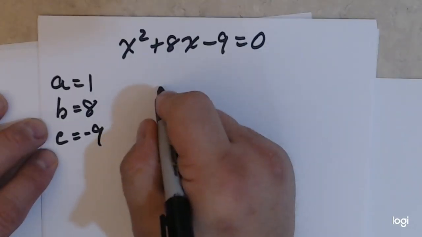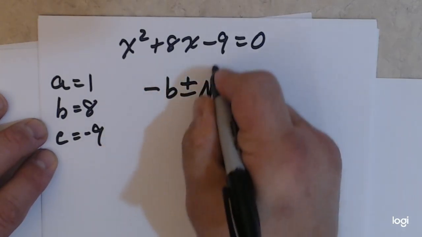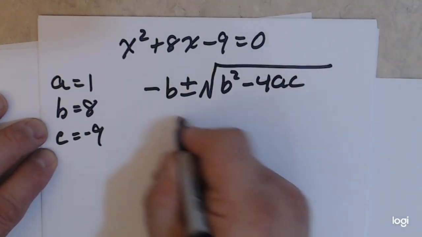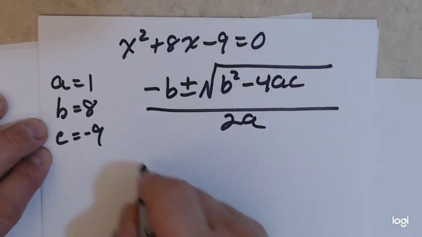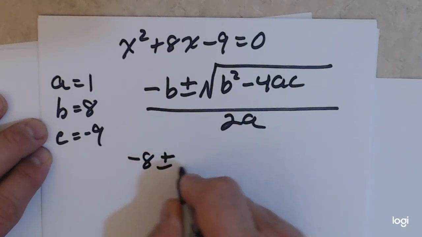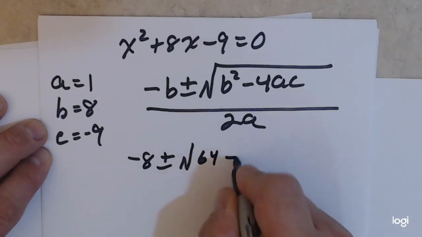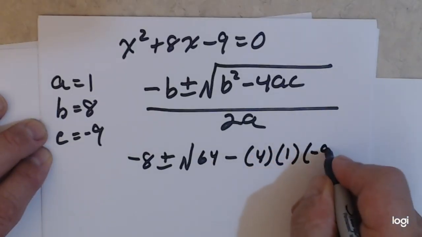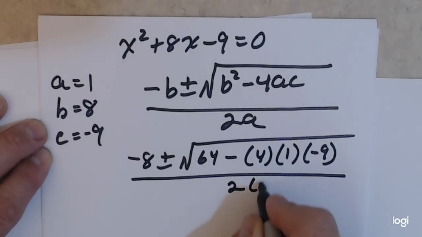Our quadratic formula, which we write out every time, is negative B plus or minus the square root of B squared minus 4AC, all over 2A. And negative B would be negative 8, plus or minus the square root of, well, 8 squared is 64, minus 4 times 1 times negative 9, all over 2 times 1.